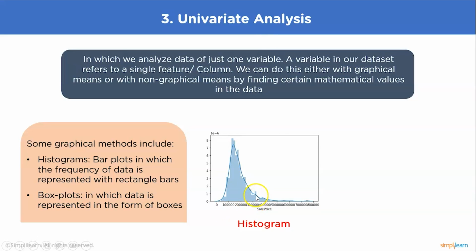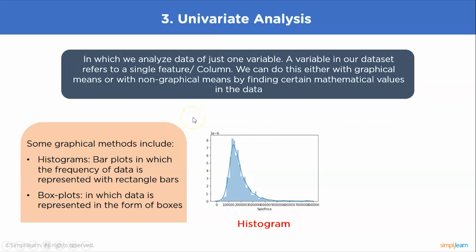Over here, each data point on the x-axis, here in the case of sales price, has its corresponding value reflected on the y-axis depending on the height of its corresponding rectangle. Like over here, this point, which corresponds to this rectangle, has a value of somewhere above 8.